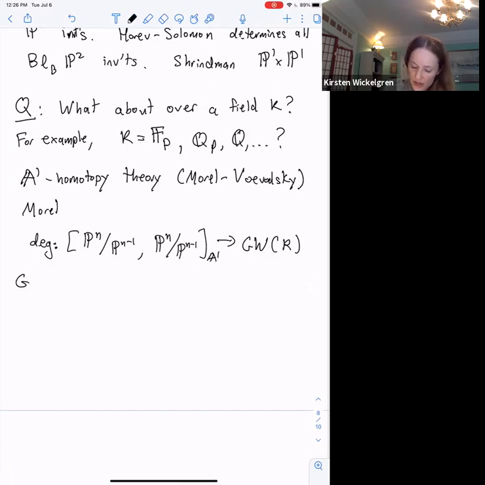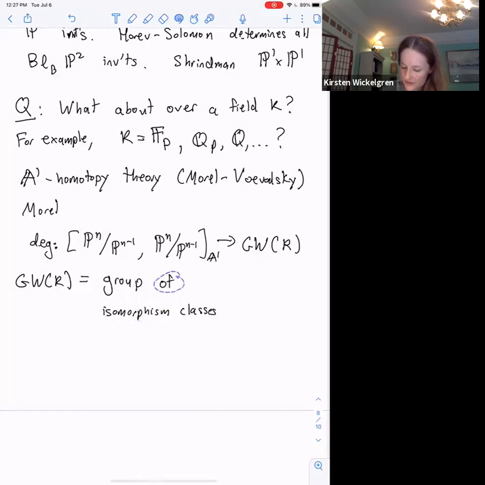So GW of K denotes the Grothendieck-Witt group. So this is the group of isomorphism classes. Well, it's a group of formal differences, the group completion of isomorphism classes of non-degenerate symmetric bilinear forms.